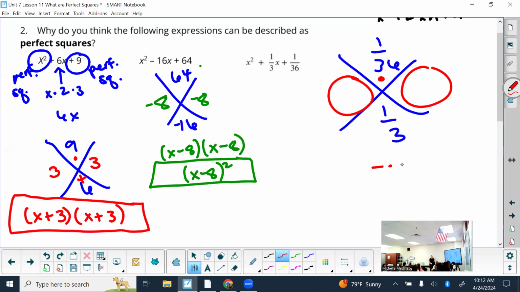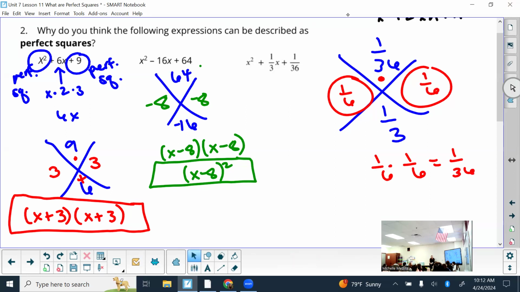When we multiply fractions, we really just multiply them straight across. So what times what will give me 1? So 1 times 1. And then, because we want it to be the same fraction, what times what will give me 36? So if I fill in this diamond with 1/6, I know that multiplies to the top.